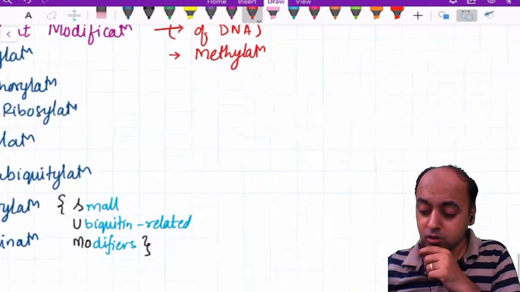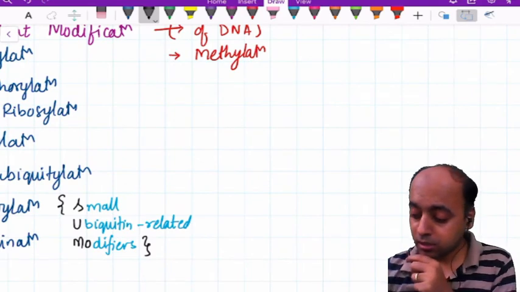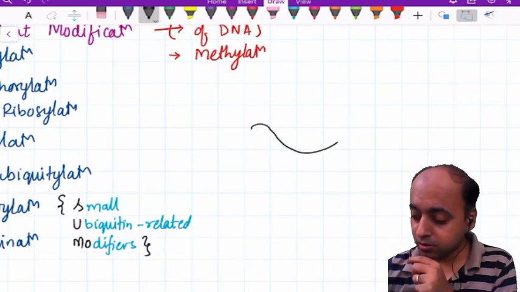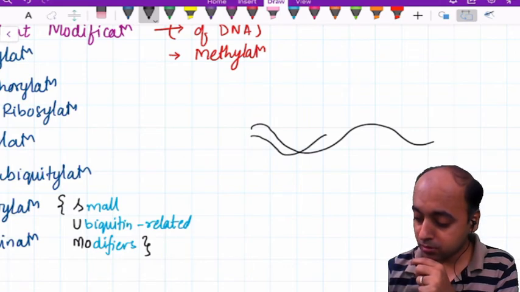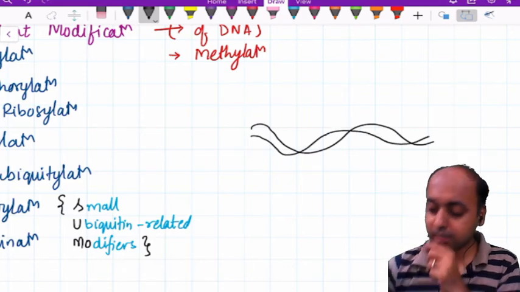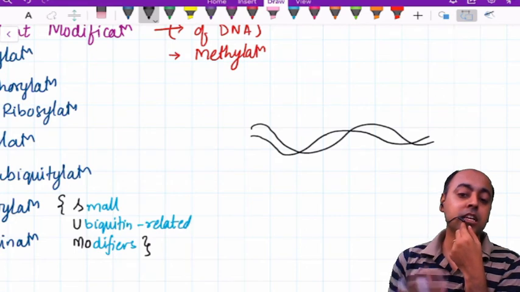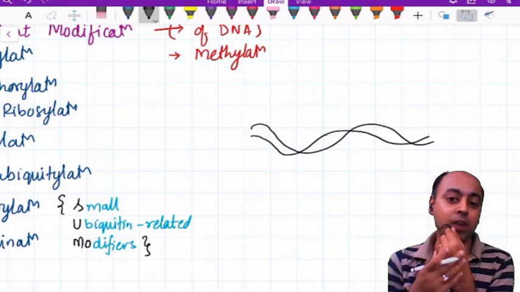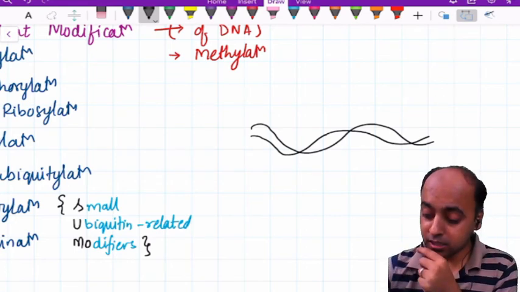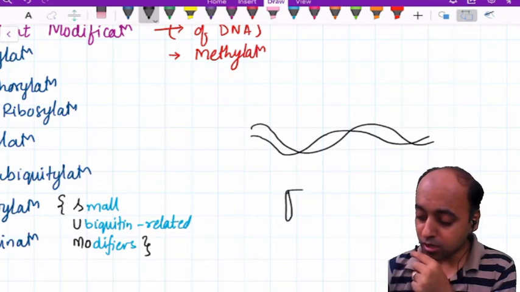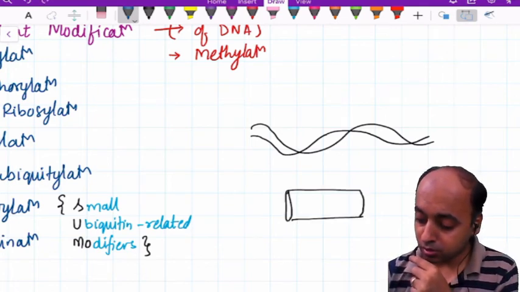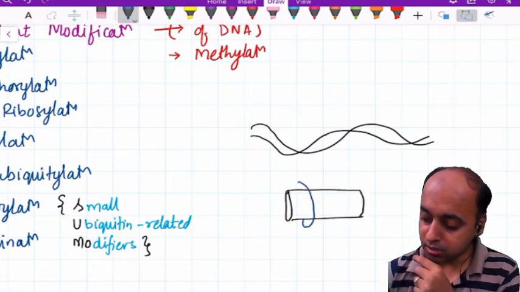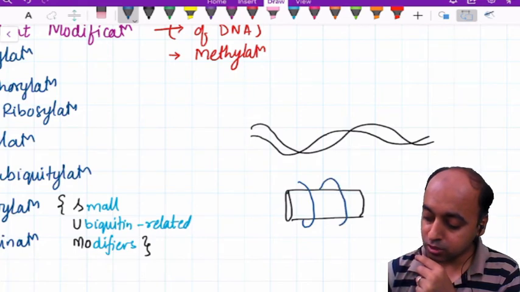See, when you want to carry out the transcription or even translation, you have to remember that the DNA is not present in the helical form in the relaxed state. Why? We have already seen that it is wound around the histone proteins because of their opposite charge.